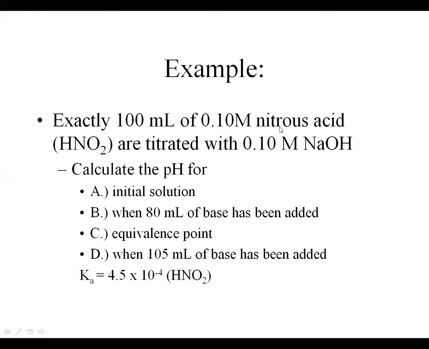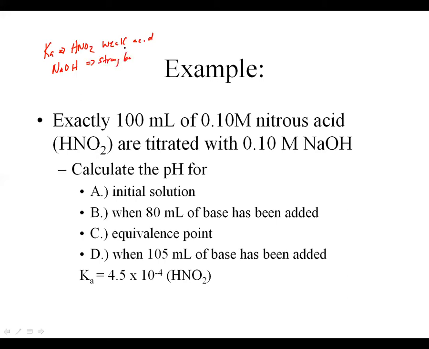So automatically, just from the problem, it should give you some hints about what's going on. We see a Ka value down there, which obviously would imply that HNO2 is a weak acid. We also know NaOH is a strong base.